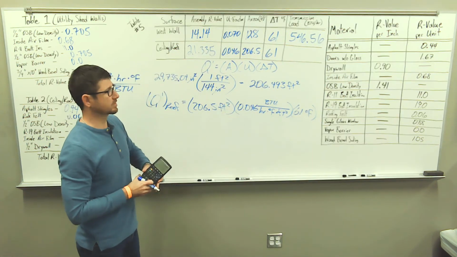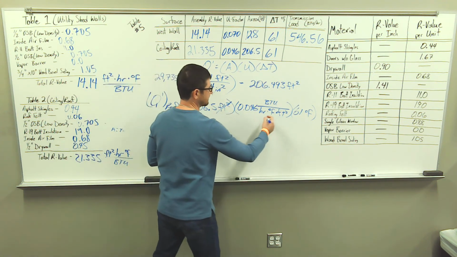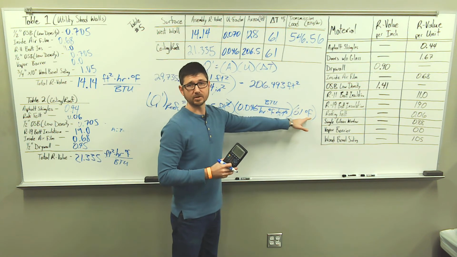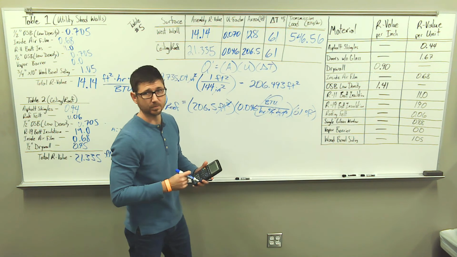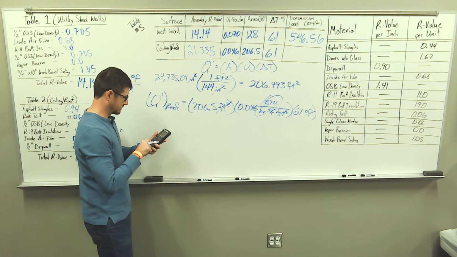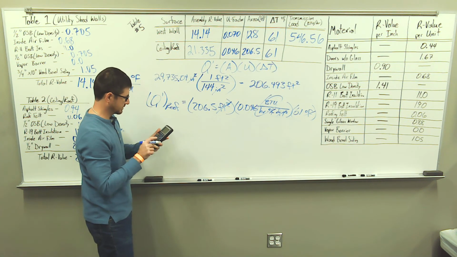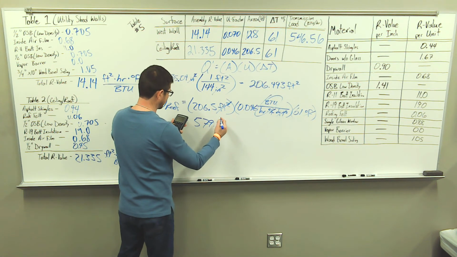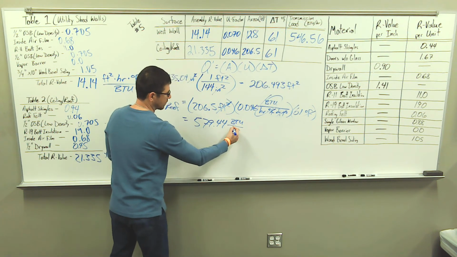We're just going to go through the same process like we did last time. We know that our units of foot squared will cancel, and our units of degree Fahrenheit will cancel, leaving us with units of British thermal units per hour. And this gives me 579.44 BTUs per hour.